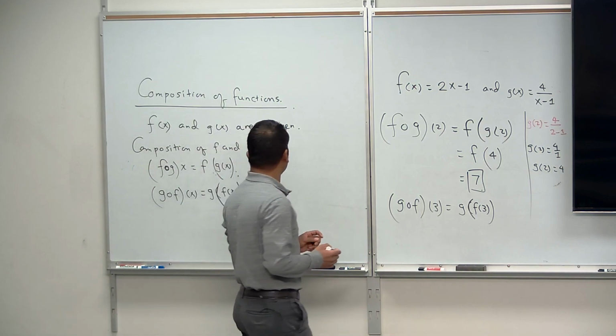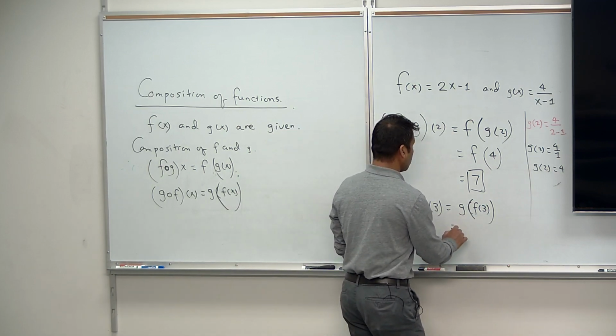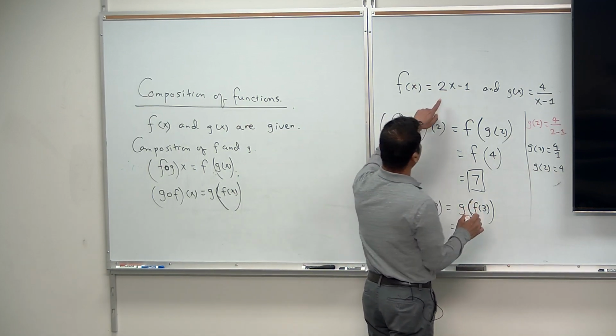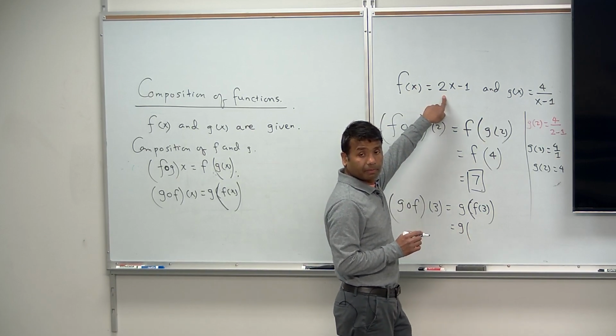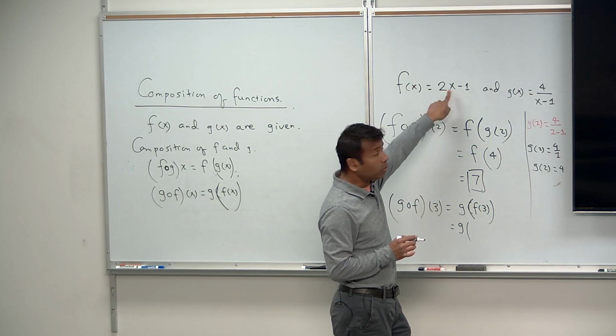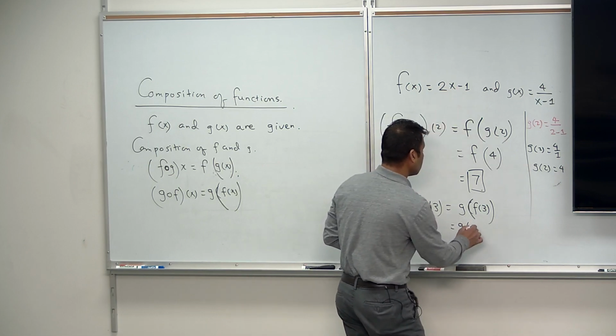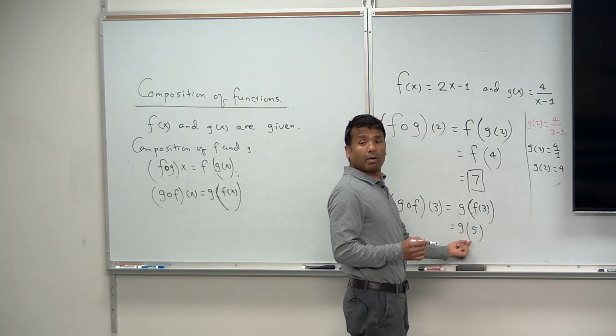So now, are you with me, guys? So now this is going to be g. What is f(3)? You plug in 3 here, okay? So 2 times 3, 6. 6 minus 1, 5.